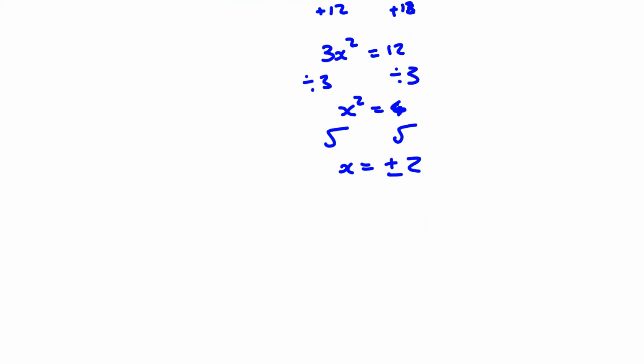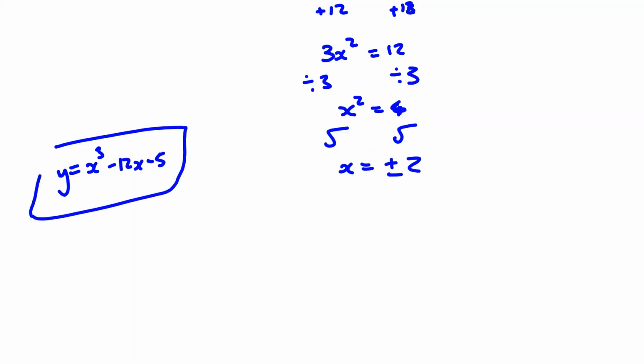So if I just remind myself of the equation, it was y equals x cubed, take 12x, take 5. Now, to find our coordinates, we're going to take each of our values for x, so our plus 2 and our minus 2, and we're going to put it back into our equation.